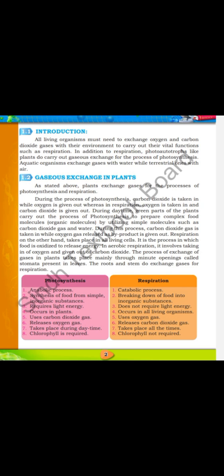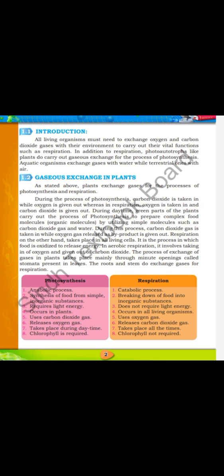So the whole process takes place in the green parts of plants, while respiration takes place in all the cells of the plants, and respiration continues all the time, in day or night, while the process of photosynthesis occurs only in the daytime, only in the presence of light.